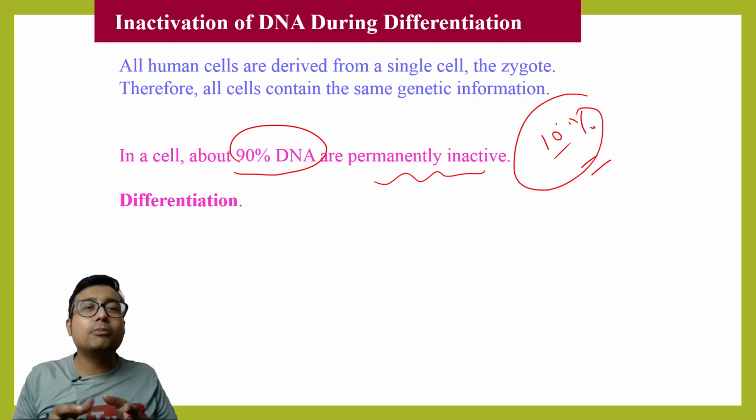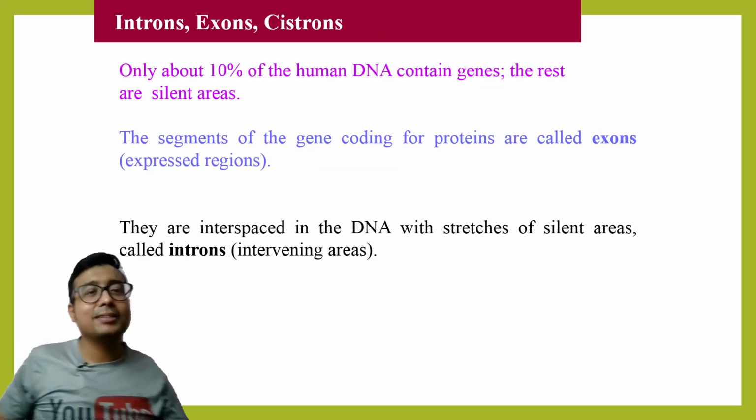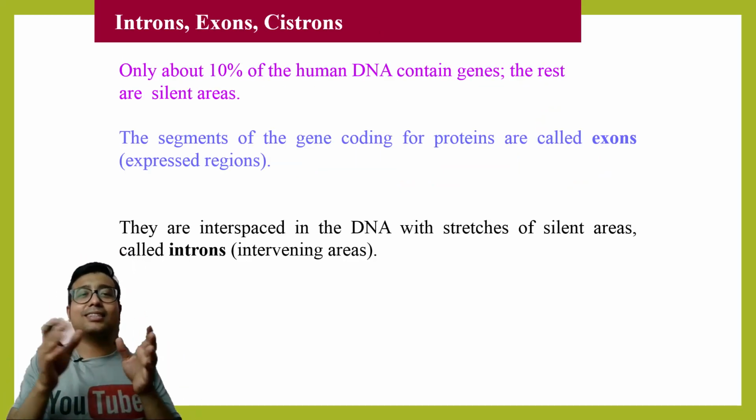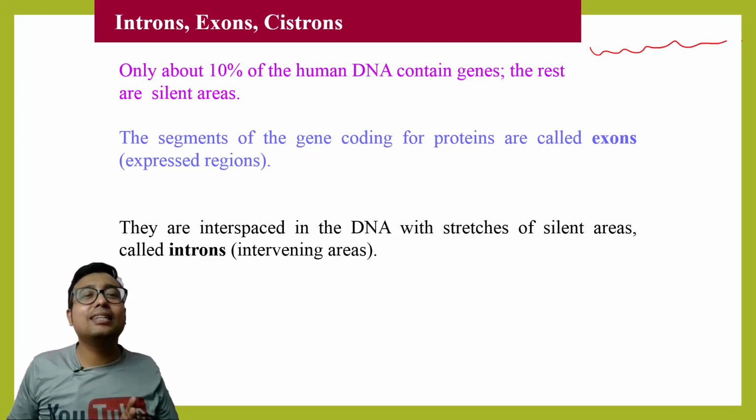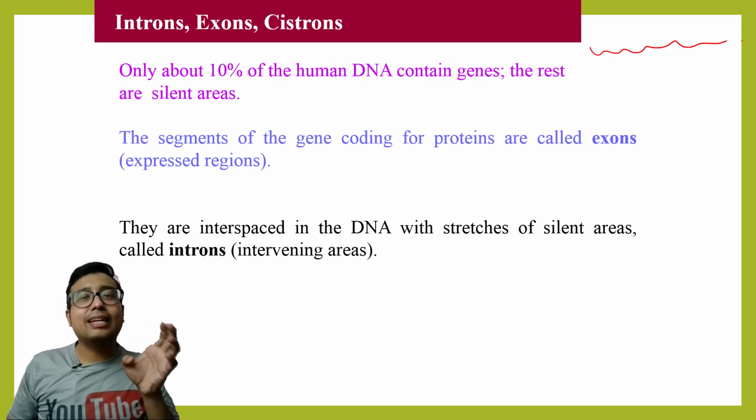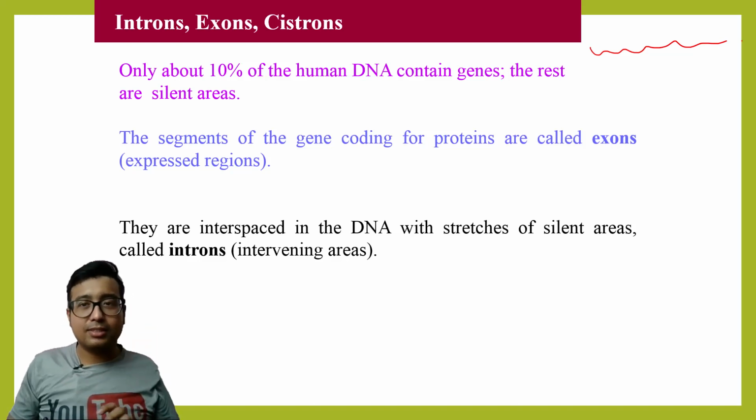Now you already know about introns, exons and cistrons, okay? So what are cistrons? They are the whole thing, the DNA part. Now, the introns are the part after the initial primary transcript. Primary transcript means from DNA, RNA will be formed, right?